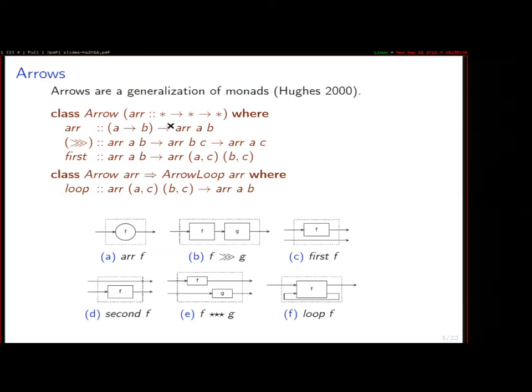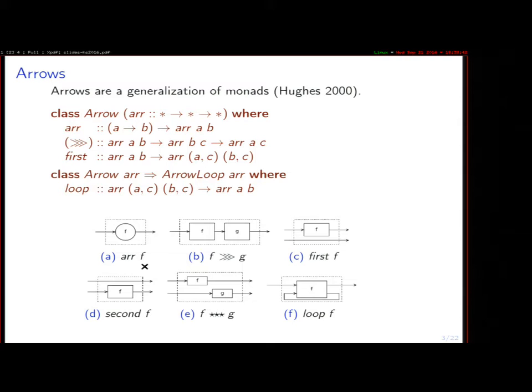The arrow type here, ARR, takes two type variables, A and B. We can think of it as a computation mapping from something of type A to something of type B. So arr is a lifting operation, lifting a pure computation at the normal term level to the arrow level, becoming a pure arrow. This can be depicted in the diagram here, which corresponds to the lifting of function f.